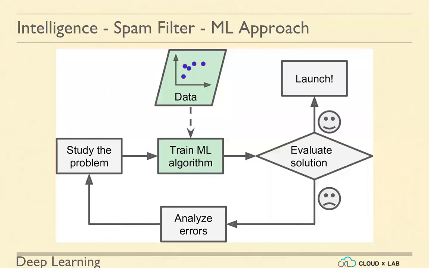Now, evaluating the solution, your scale could be different, my scale could be different. Maybe I don't want the system to make even a 1% mistake, and so on. So we come up with those evaluation parameters, and based on that, we evaluate our solution. In case it's acceptable, we launch it. Otherwise, we go back, analyze errors, study the problem, and train the model again.